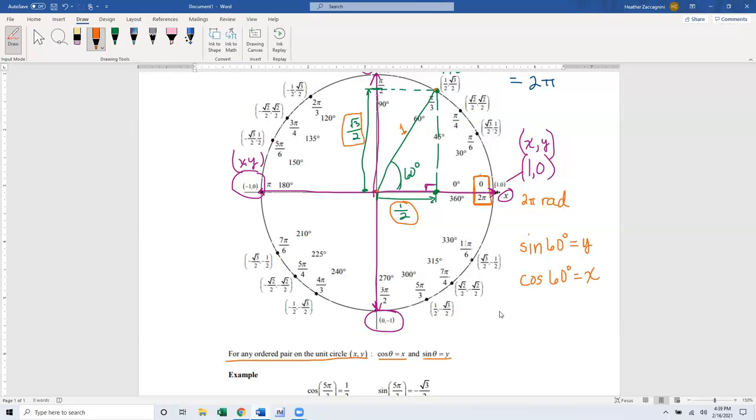So that means that the sine of 60 in our example here is equal to the y coordinate. Well, that was the square root of 3 over 2. So the sine of 60 is the square root of 3 over 2. The cosine of 60 is equal to the x coordinate. Well, that's 1/2. So this is equal to 1/2.